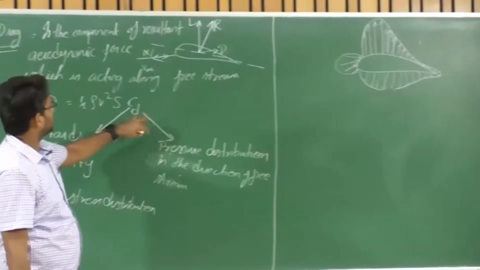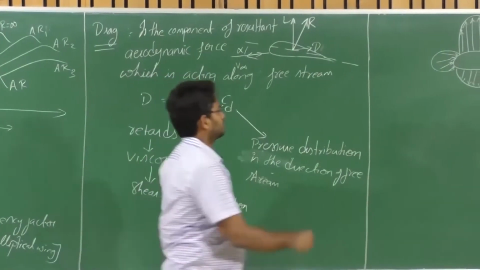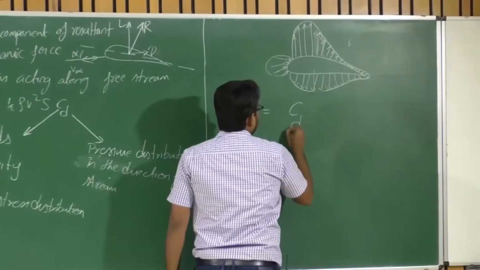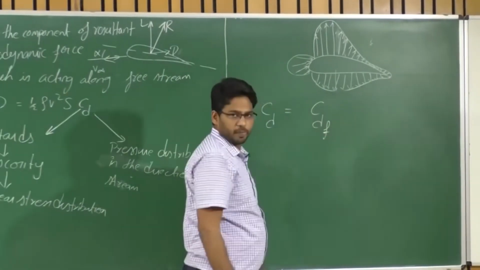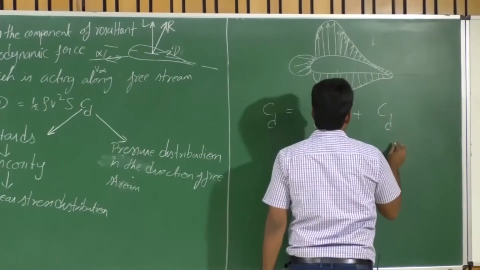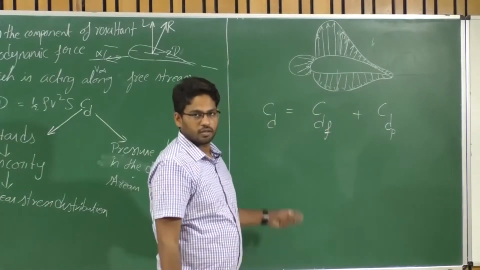That contribution is towards this CD, the drag coefficient. So this drag coefficient in the coefficient form can be the drag coefficient because of friction, that is skin friction, and the drag coefficient due to pressure difference, right?